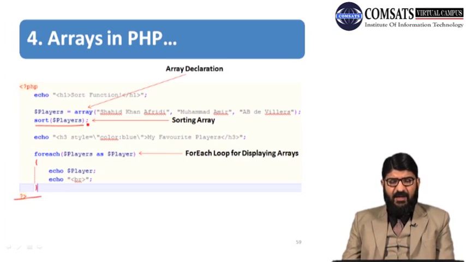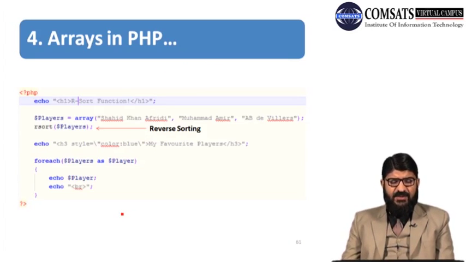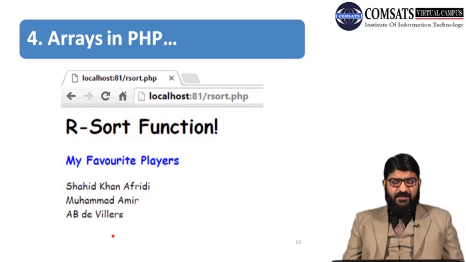So it will sort the array in ascending order, and the for each loop will be executed. This will be displayed in a particular sequence as it is organized. Now the reverse sorting, where you have mentioned rsort, reverse sorting for the players, and the players will be displayed as output in the reverse manner.